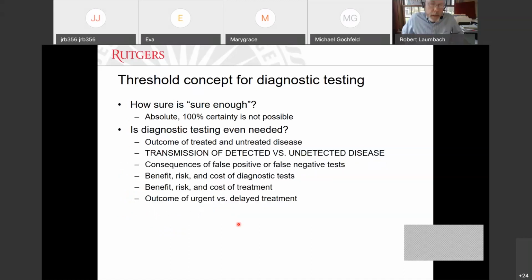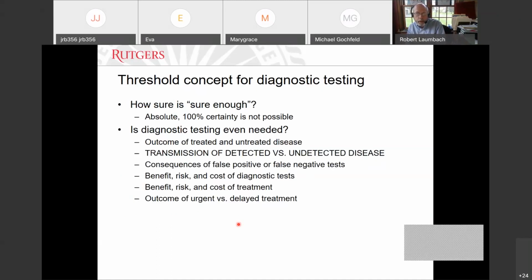So, in terms of a threshold concept for diagnostic testing, we're never really sure enough. There's never absolute certainty, but we can be sure enough. And in some cases, we don't need to do further testing, clearly.